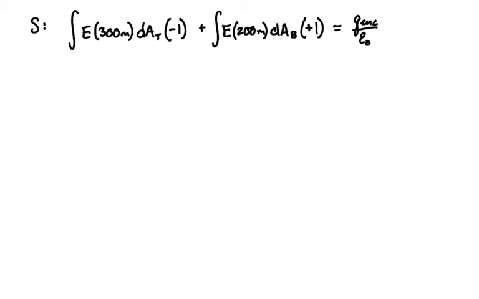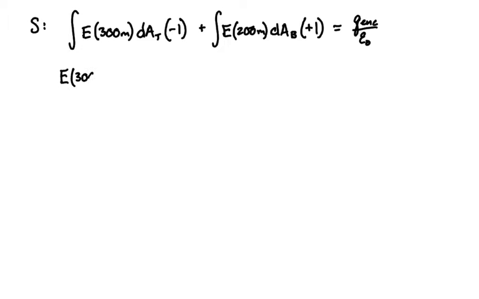So it doesn't matter if I'm looking at the left side of that top square or the right side or into the screen or out of the screen of that top surface, it doesn't matter. That means that our electric field at 300 meters is not dependent on where on that area I'm looking. If that's the case, we can consider that a constant. So if it's a constant, we can pull it out.